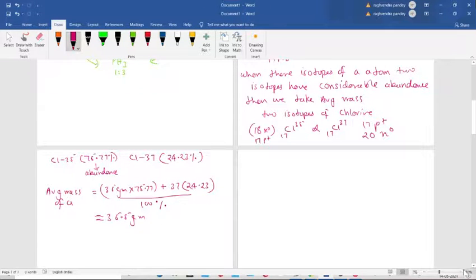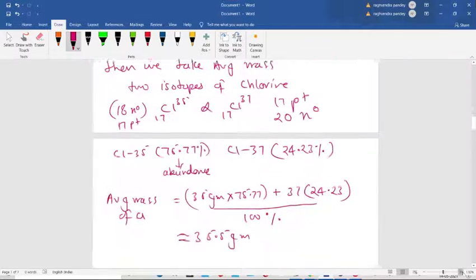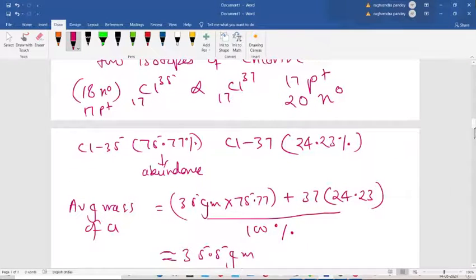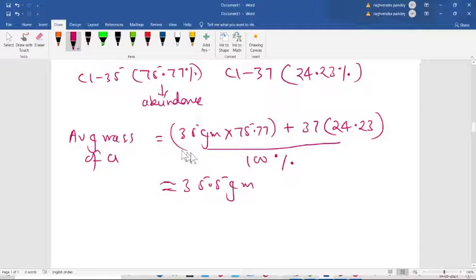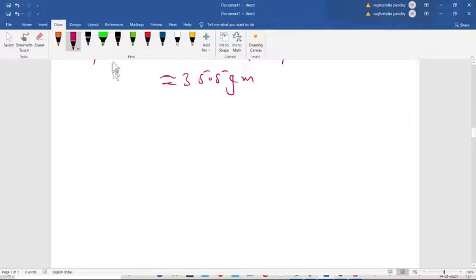So basically what we have to do is find the mass, then the percentage abundance, and this one. So here the average mass.